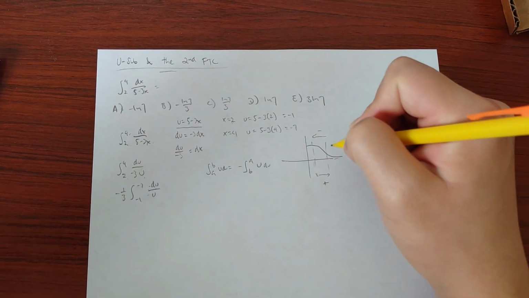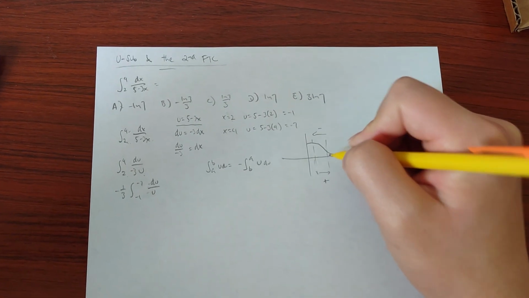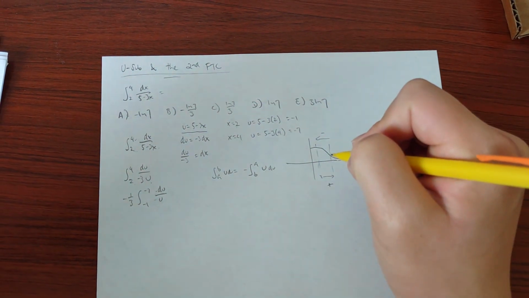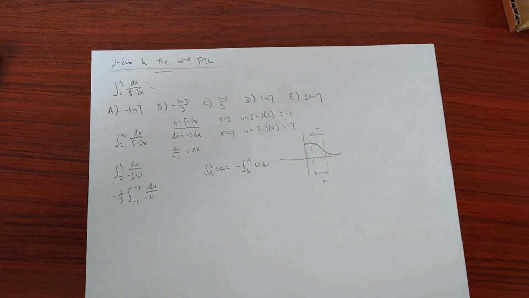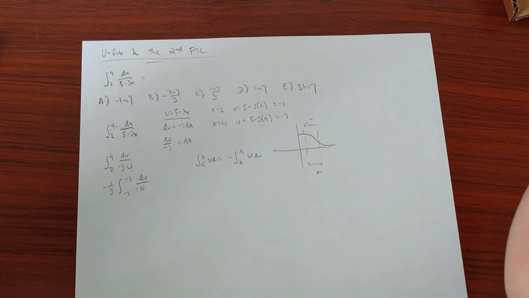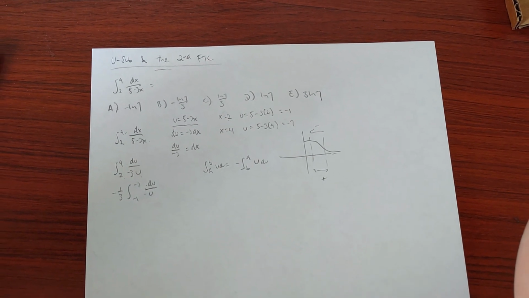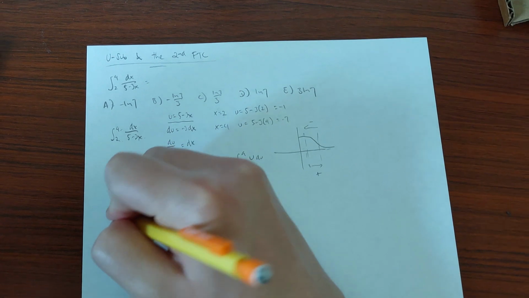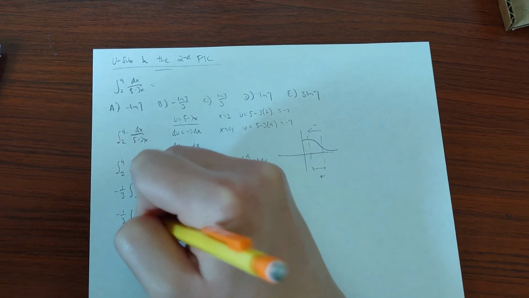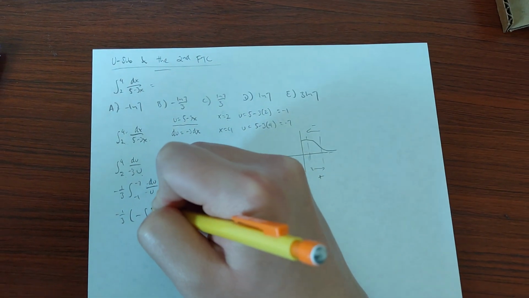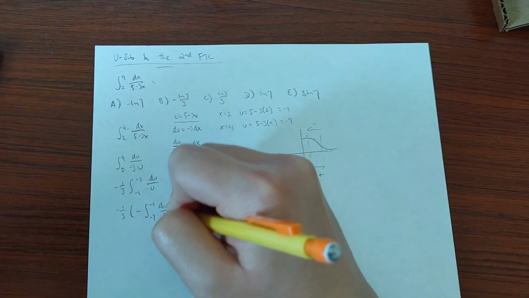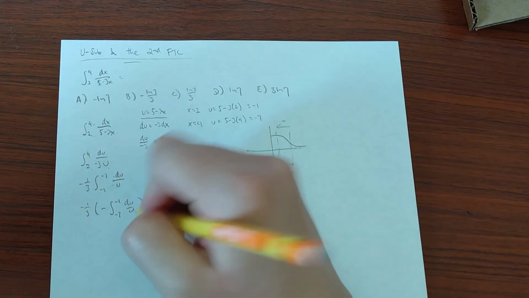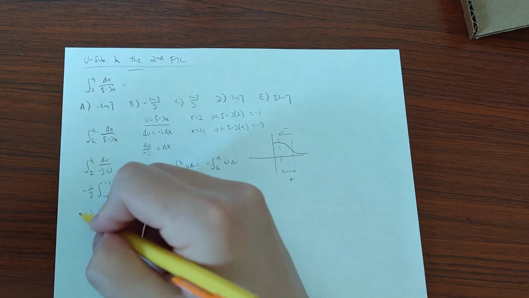In this case, because you're going from a greater value, from negative 1 to negative 7, it might be better to draw it on the negative side of the x-axis. But just for the sake of example, because you're taking away area, you could make this the same as the negative version of the integral from negative 7 to negative 1. What happens here is that these two negatives cancel out.